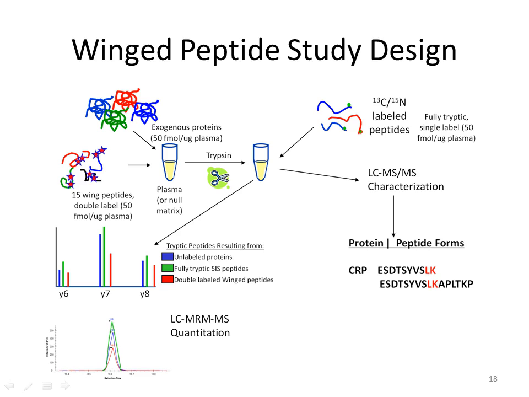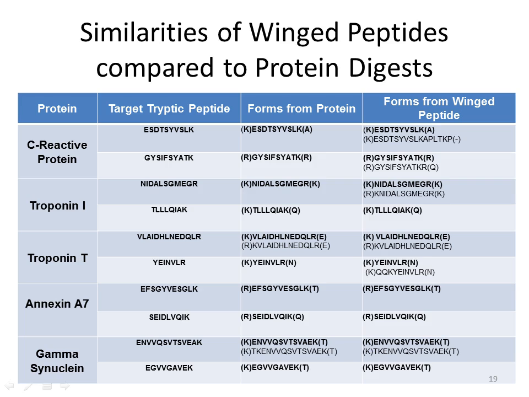So these are the forms for the protein, the target tryptic base sequence. These are the forms from the protein that we observed. If you see more than one, that means we saw an alternate form. So here, that N-terminal lysine wasn't cleaved because it has an N-terminal arginine, so we see miscleavage. And we knew that these were from the protein because they were light.